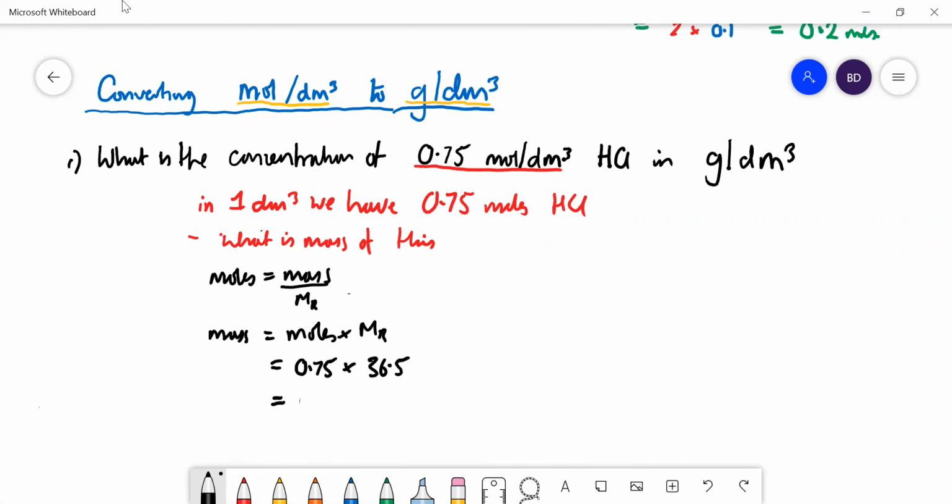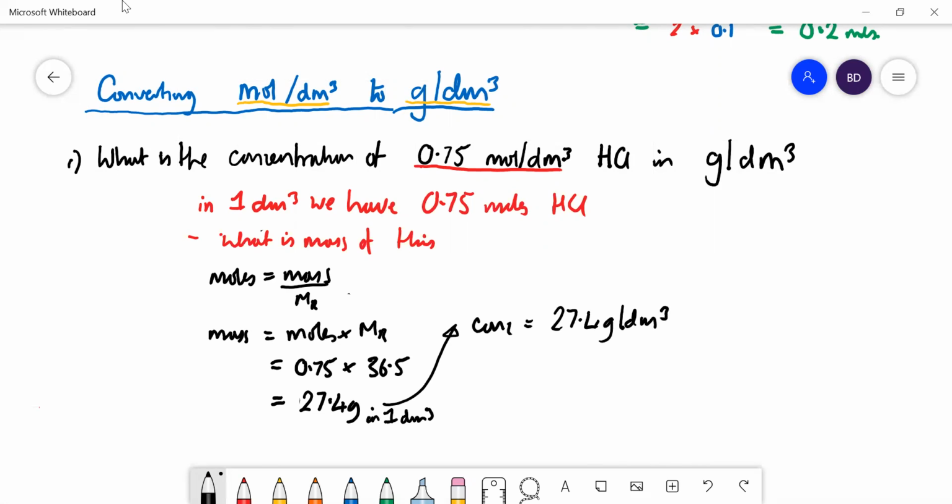That is equal to 27.4 grams. Now, this is in 1 dm cubed. So what's the concentration then? The concentration is simply 27.4 grams per dm cubed.